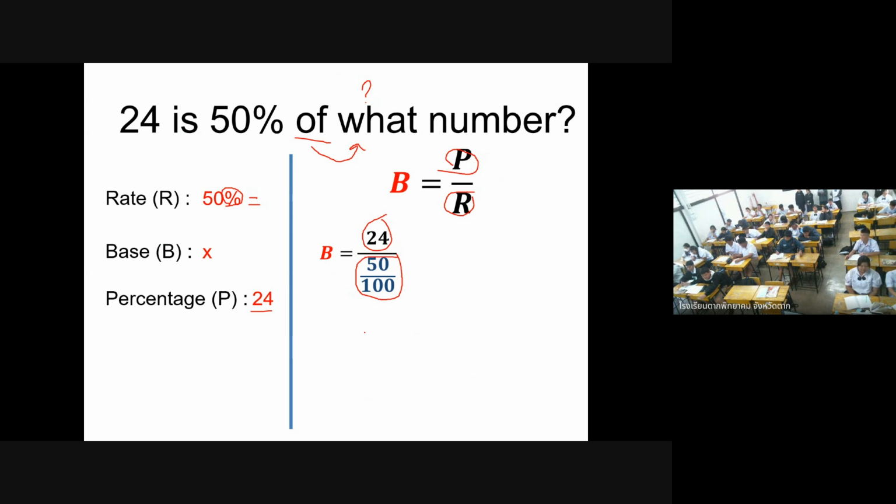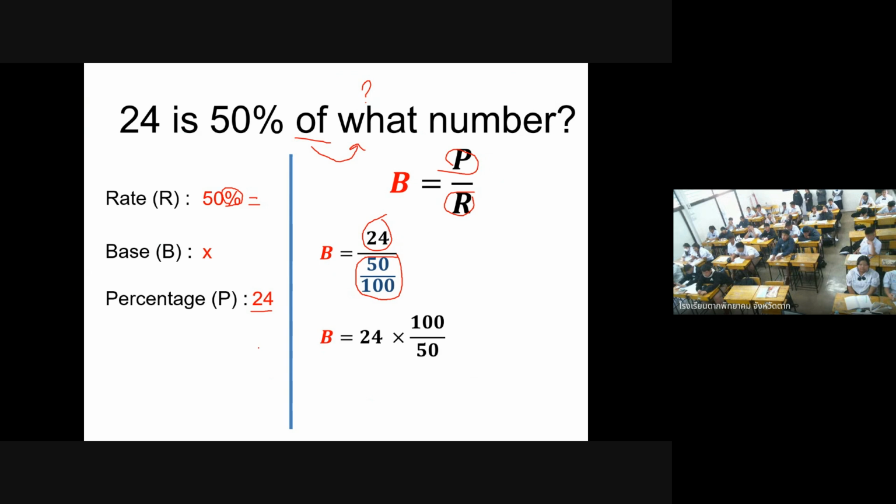A divided by B over C. Division will be turned into multiplication and you're going to get the reciprocal of the given. So we're going to have here 24 times 100 over 50. When dividing a number by a fraction, you need to proceed to multiplication and get the reciprocal of the divisor.